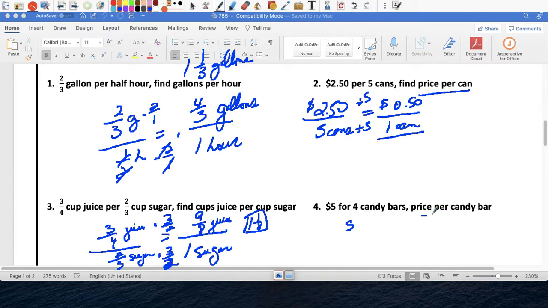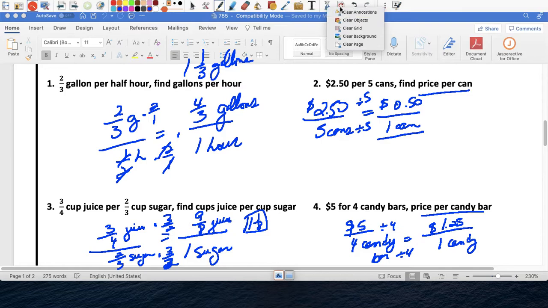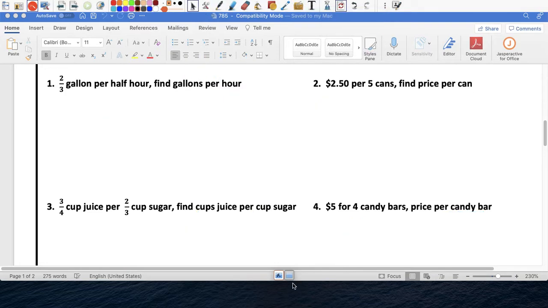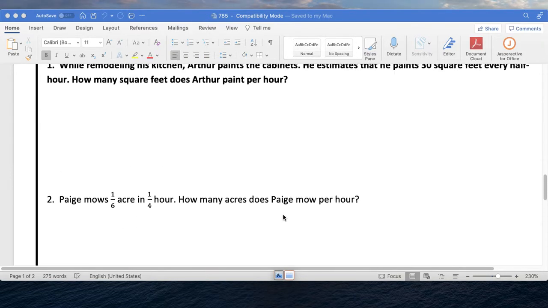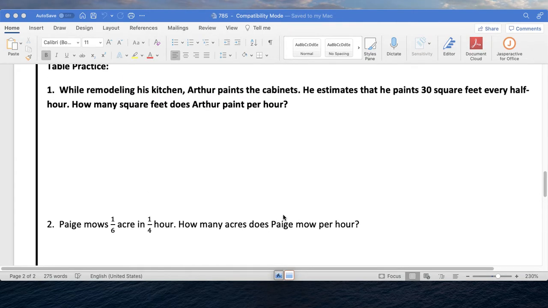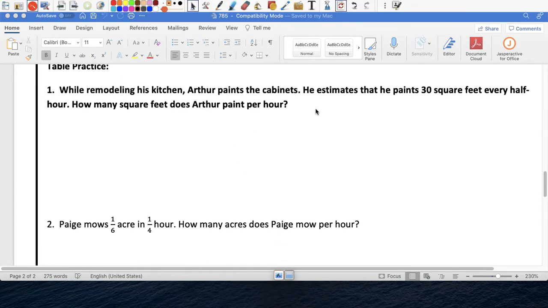$5. So we want the price per candy. So it's $5 for 4 candy bars. How much is it for 1 candy bar? Divide by 4, and we get $1.25 per candy bar. Okay, so again, repetitive, but it gets you working here. So while remodeling his kitchen, he estimates he paints 30 square feet for every half an hour.